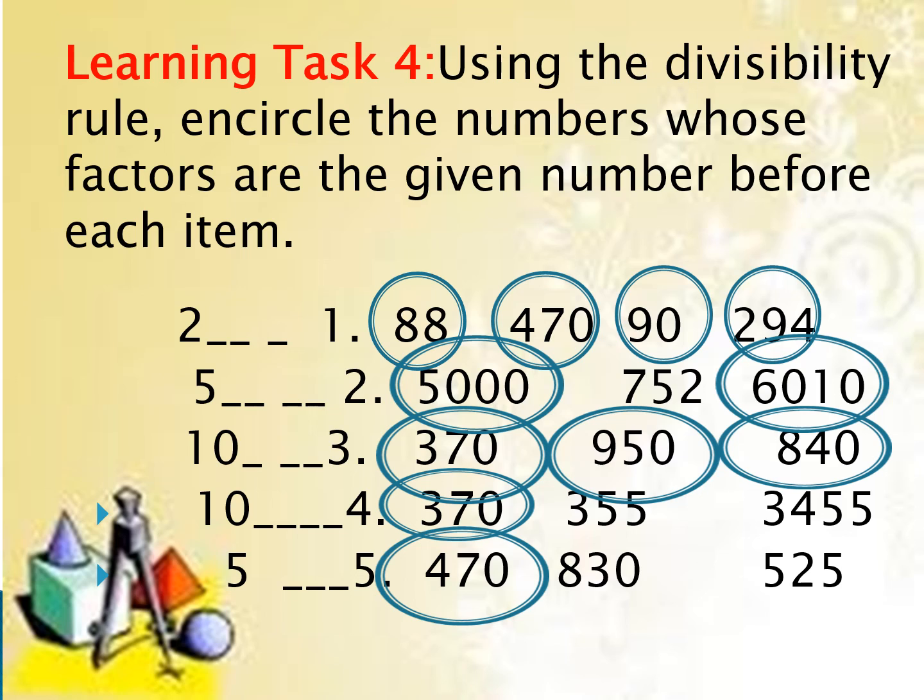And number 5, 470, 830, 525. Those numbers are divisible by 5 because 470, 830, and 525 end in 0 and 5. Ang nasa hulihan ng tatlong number na ito ay 0 and 5 kaya divisible by 5.